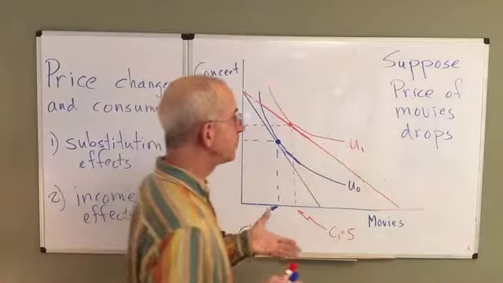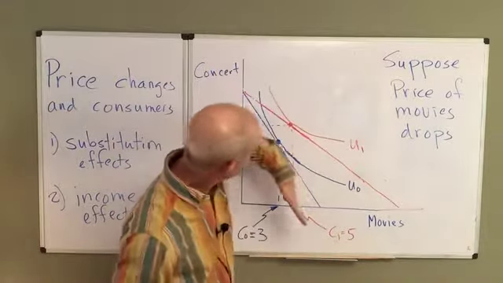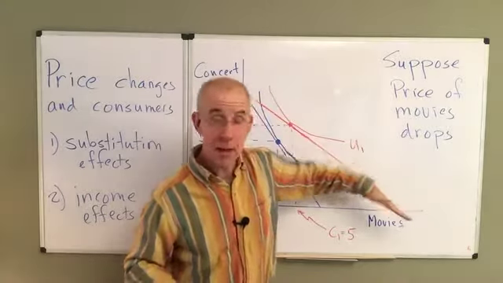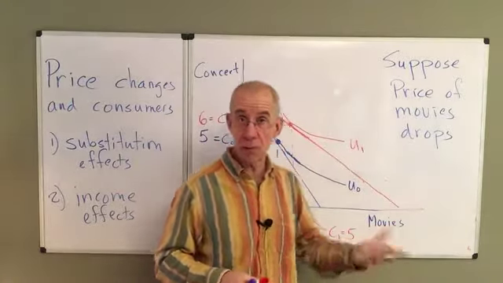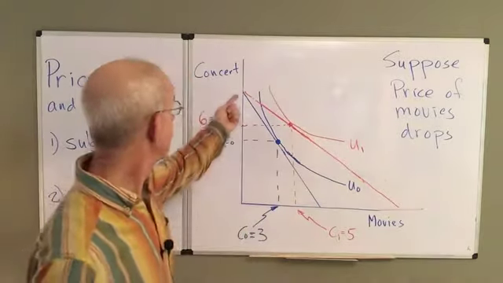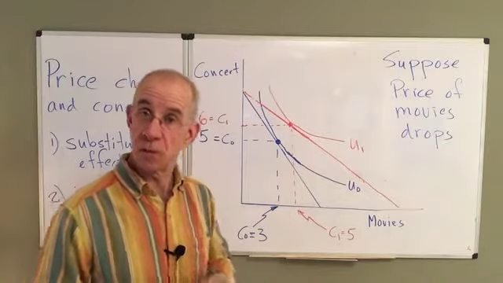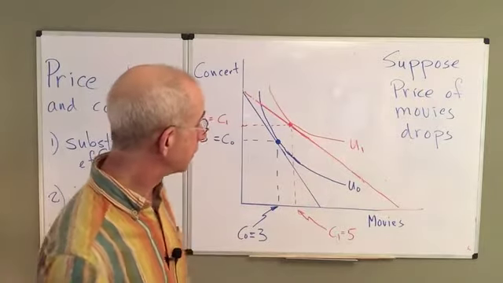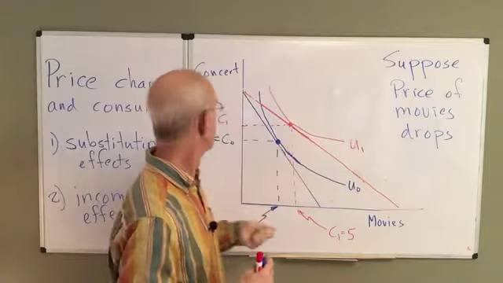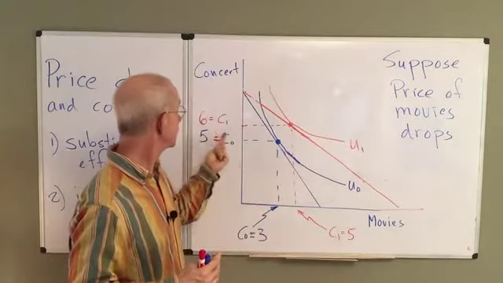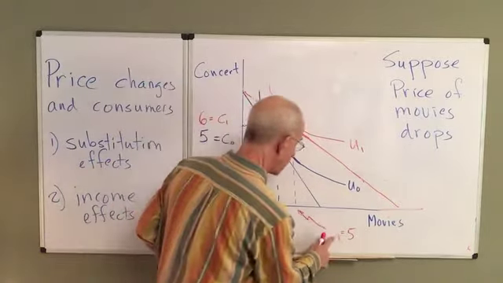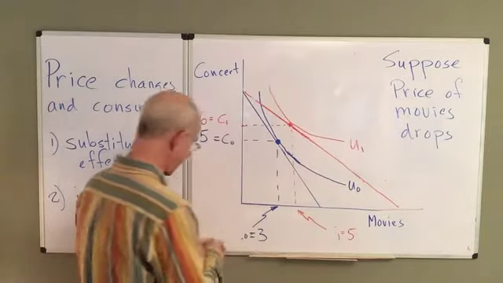Then the price of movies drops, which will rotate the budget constraint towards this red line. You could go to more movies with a cheaper ticket price. It doesn't change the number of concerts you can go to, but it does change the movies, and your budget constraint rotates out. Let me rewrite this.